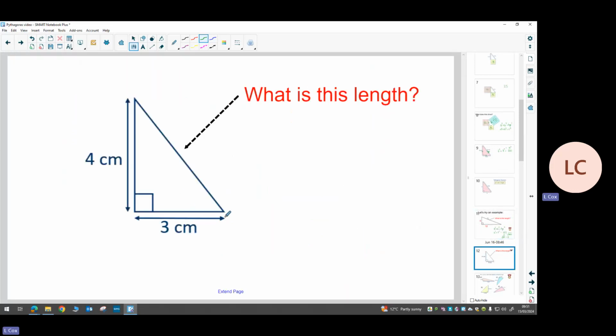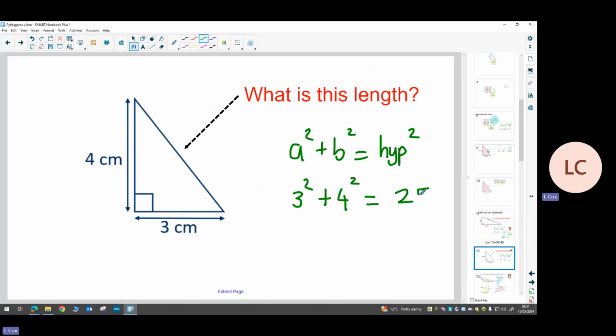You have a right-angled triangle. We know the formula, A squared plus B squared equals, sometimes people say C, or we say the hypotenuse squared. So we've got 3 squared, add 4 squared, equals. 3 squared, I'm typing it in now on my calculator, so should you, add 4 squared, is 25.